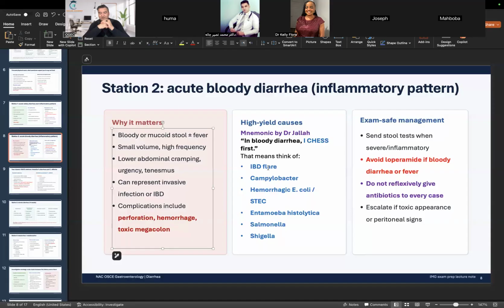Avoid loperamide if blood is present or the patient is feverish. Do not reflexively give antibiotics to every case. It means I can use antibiotic, but it doesn't mean for all bloody diarrhea I'm going to give antibiotic. No. Escalate if toxic appearance or peritoneal signs.